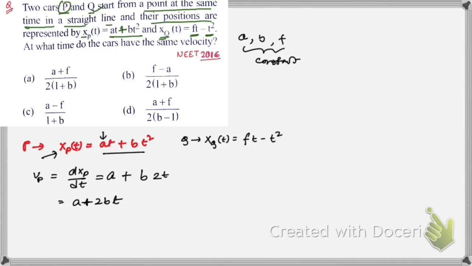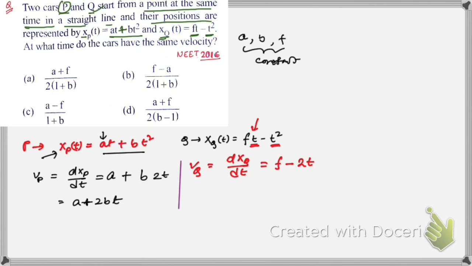Then let us find Vq. The velocity of car Q is the derivative of xq with respect to t. If we differentiate this, derivative of t is 1, so f into 1 is simply f, and derivative of t square is 2t.